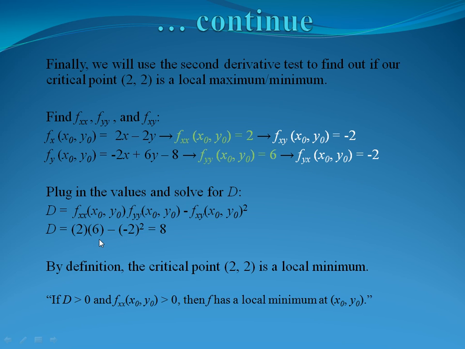So 2 times 6 is 12, minus 4 is going to give us 8. So now, by definition, our critical point (2, 2) is a local minimum. Because again, if D is positive, which it is here, 8, and the second derivative with respect to x is also positive, which it is here, it's positive 2, then f has a local minimum at our critical point.